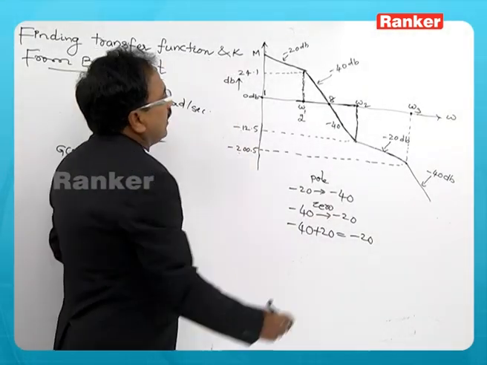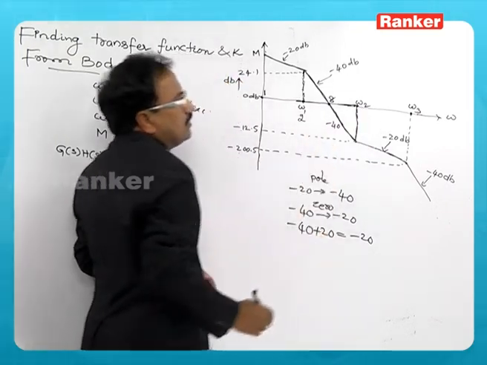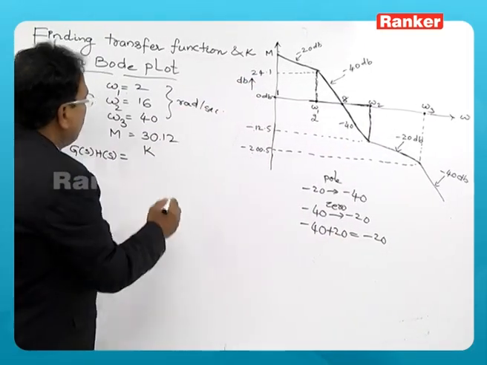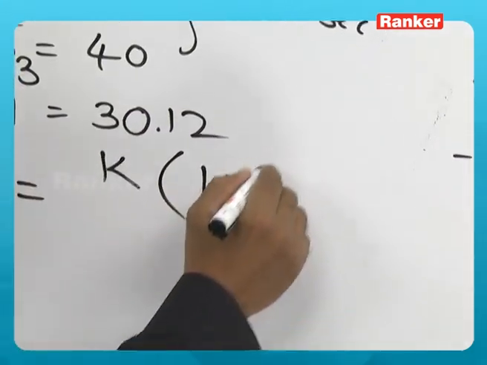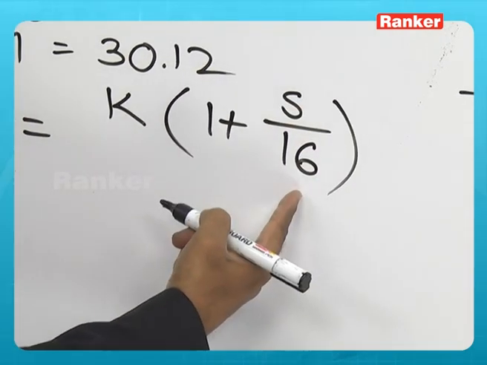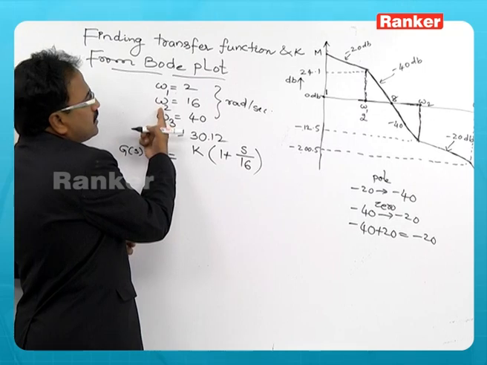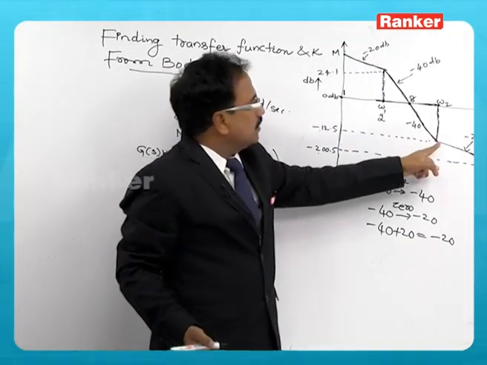So, that way I can say that the zero is added here with the corner frequency of omega 2. So, you can have the numerator term 1 plus s by 16, where 16 is the second corner frequency omega 2. So, a zero is added at this corner frequency.